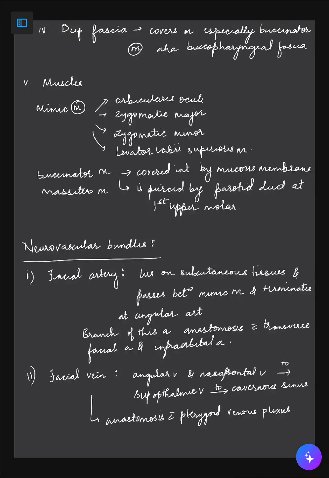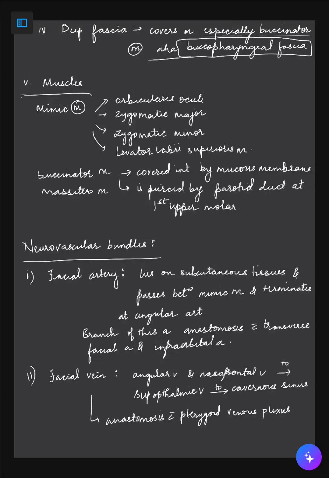Next is the deep fascia, which covers the muscles, especially the buccinator muscle, and is also known as the buccopharyngeal fascia. Among the muscles there are the mimic muscles. Why are they called mimic muscles?